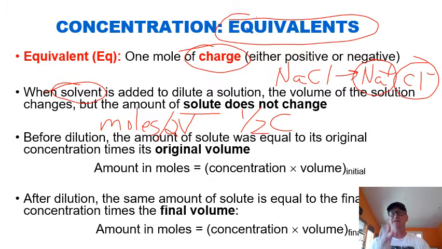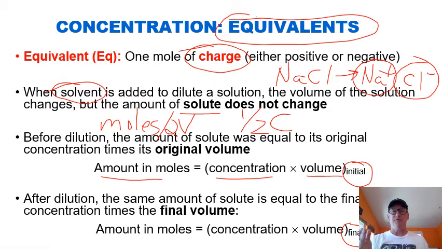And so just consider the number of moles. The amount of moles will always be the concentration times the volume. And so the initial number of moles is going to equal the final number of moles. We're going to use this a lot to figure out concentrations. Like I mentioned in part 1, in a lot of labs, we have what are called stock solutions of things we use commonly.